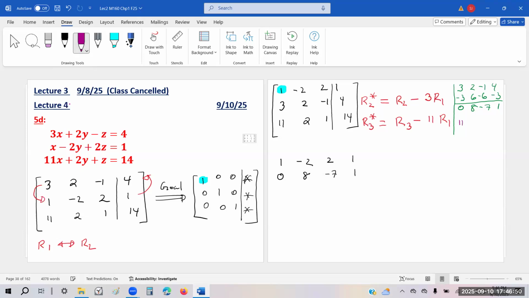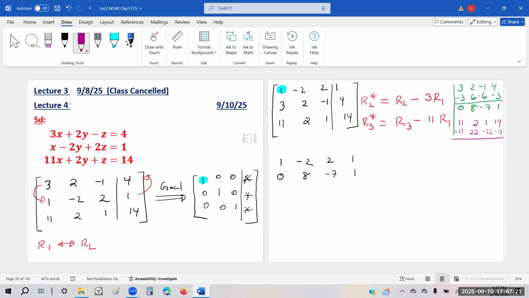Current row 3 is 11, 2, 1, 14. If you multiply the first row by negative 11, we get negative 11, positive 22, negative 22, and then negative 11. Right? If you multiply this entire row by negative 11, all the signs will change, and you multiply the numbers by 11.